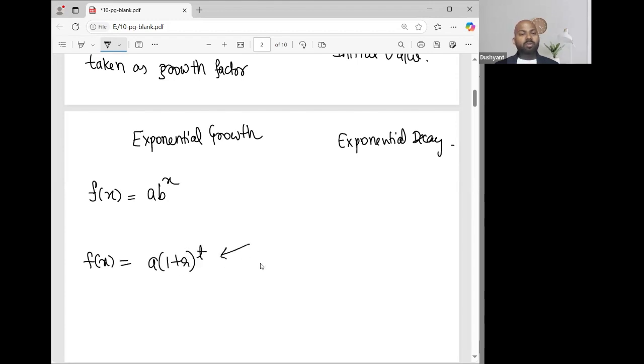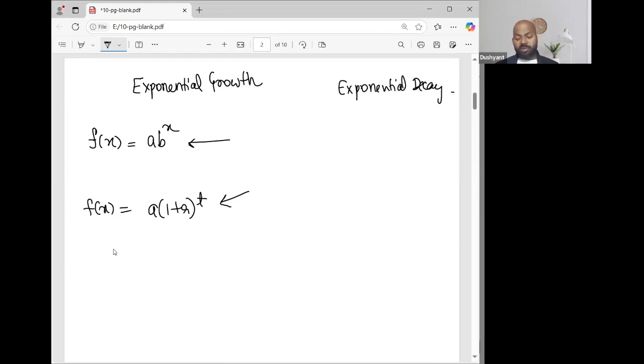This is the most common, but sometimes you can see the exponent, for example x. So a times b to the x can be there in this form, or the last form will be P naught e to the kt.